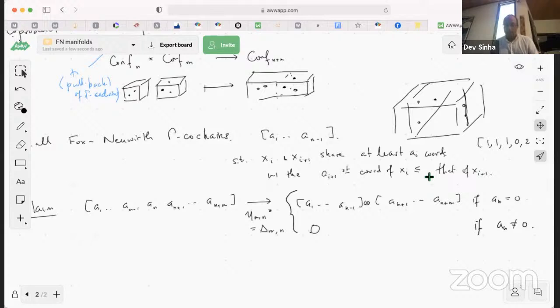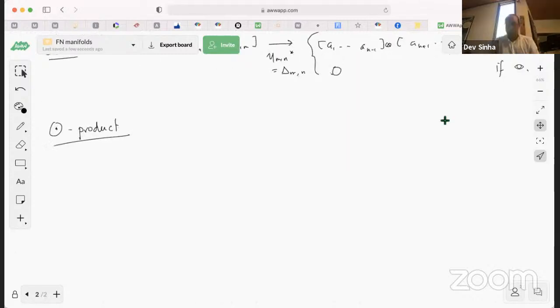What about the transfer product? Well, here I want to switch the model for the map. So we're going to now let this mu mn map start, again, with configurations of n cross configurations of m points.